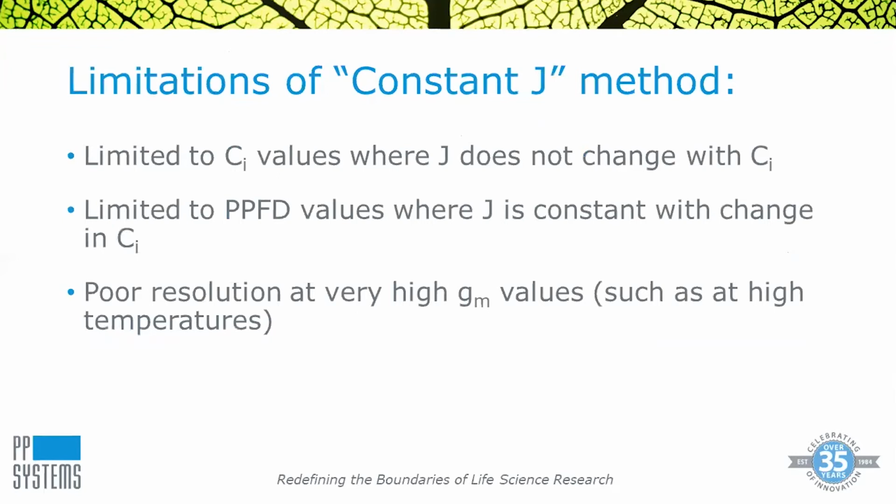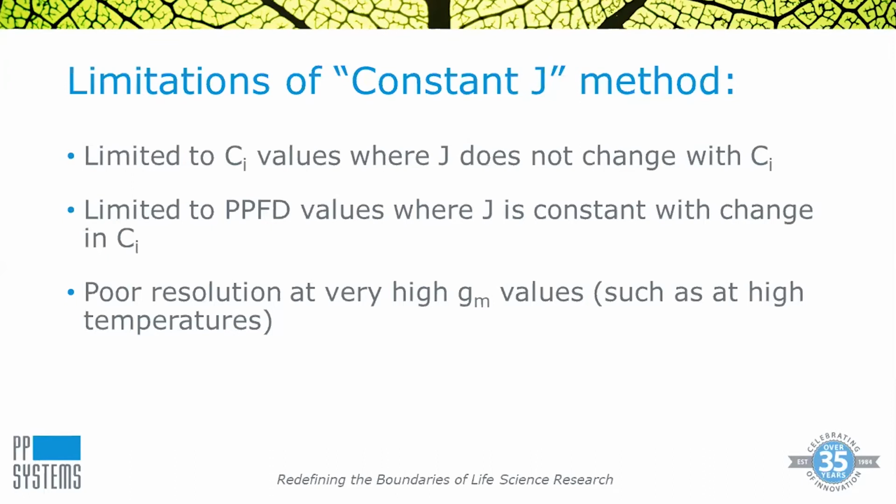All right, so there are some limitations. It's limited to CI values where J does not change with CI, as I said before. It's limited to light values, PPFD values, where J is constant with a change in CI. So it has limited flexibility in terms of the region of the response curve where you can use the method.